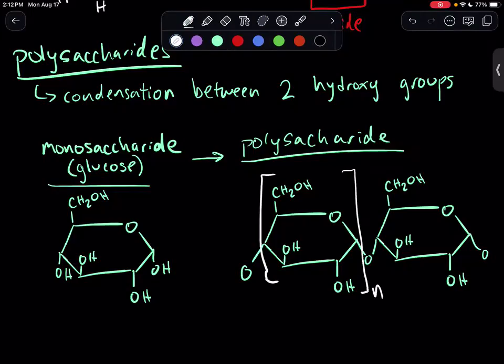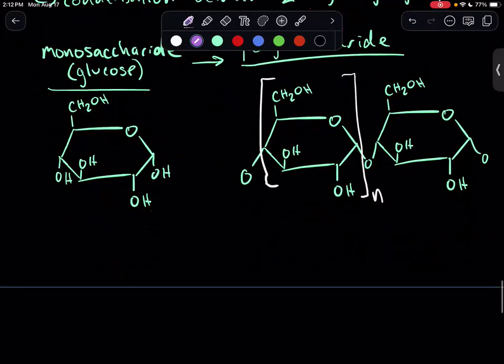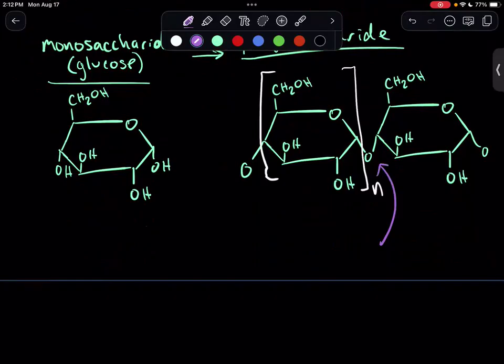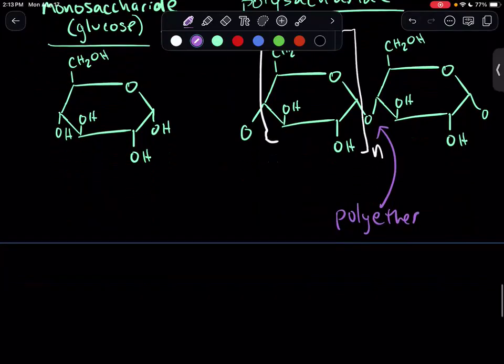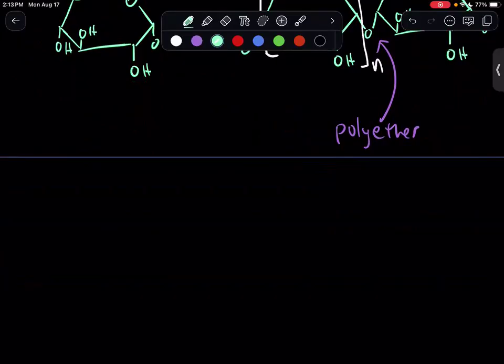But the thing to point out here is that instead of forming an ester or an amide, when you have those two hydroxy groups, we actually form an ether. This is technically what we would refer to as a polyether because we formed an ether group. A little weird, the DP doesn't actually require you to know that, but you should be able to recognize the functional groups when presented with them, especially as an HL student.